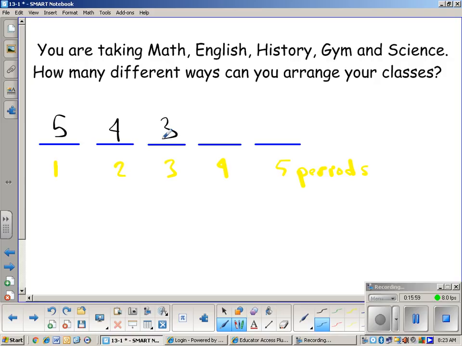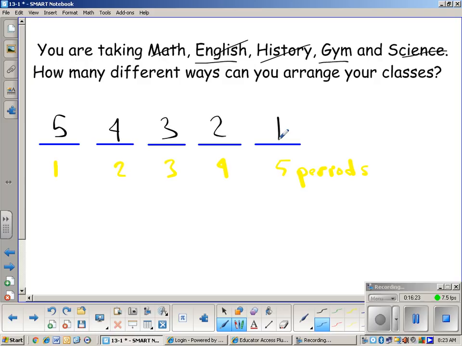And after he chose history, how many does he have left for his fourth period class? 2. See, we had math and science and history. So now for this fourth period class, I can either choose English or gym, right? And so we chose English, and so what's our left for our last one?